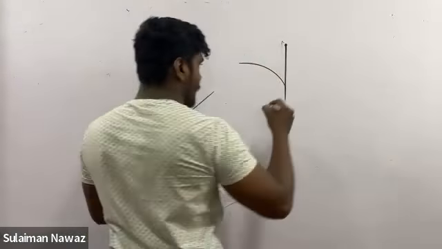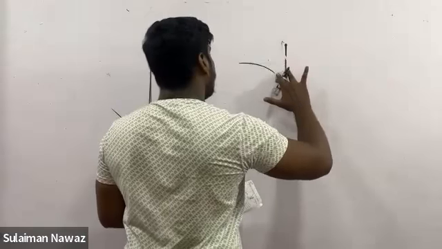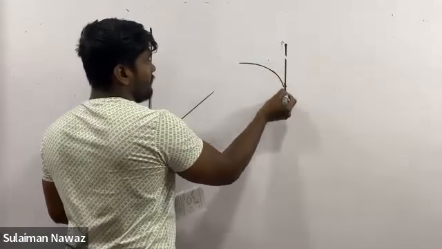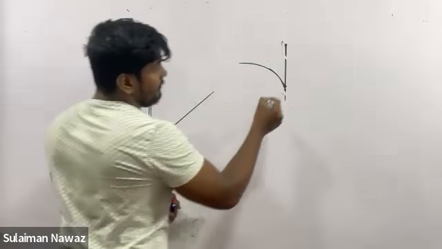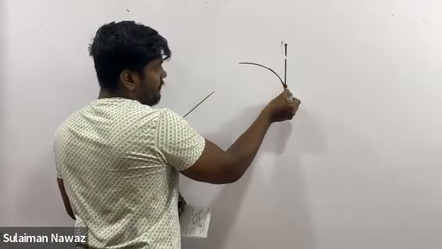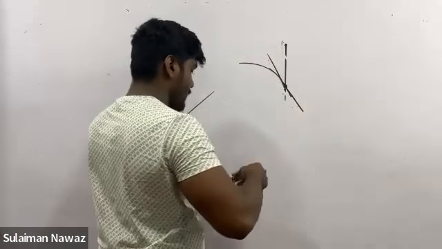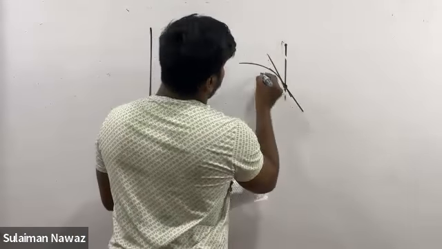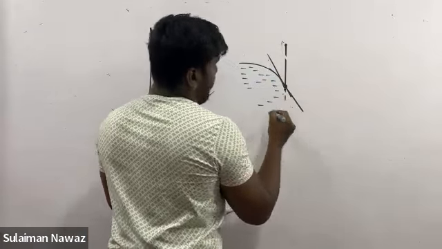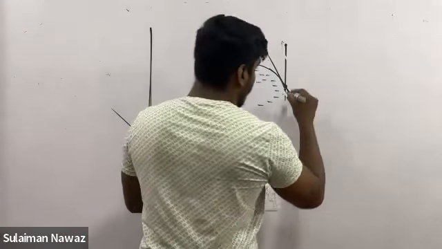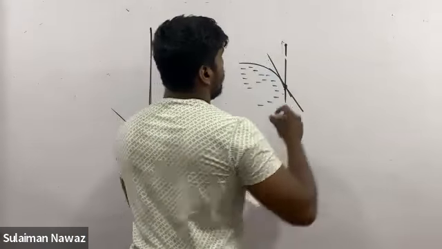Convex. Then if you draw a tangent line, this is liquid. If I measure the angle of contact from the solid to the tangent line, to the liquid.